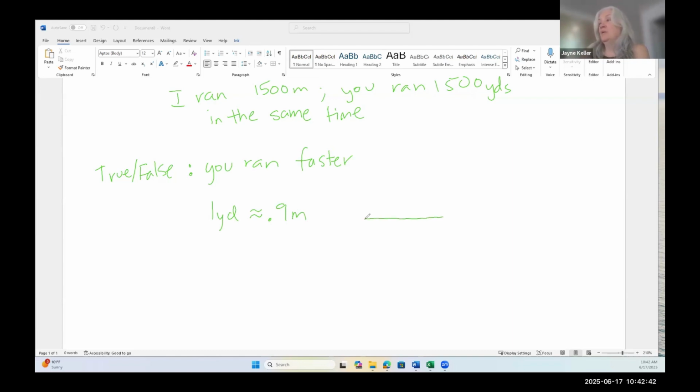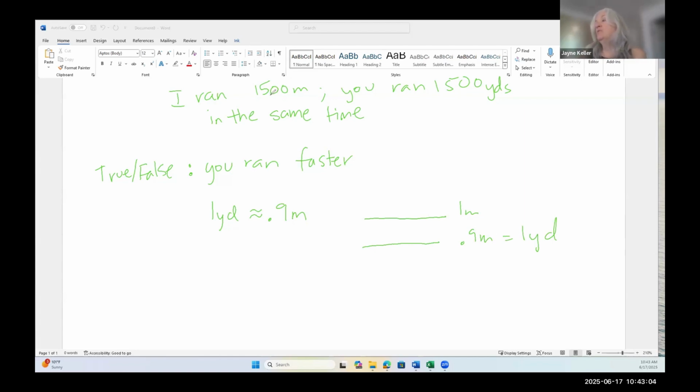If this is a meter, then this is 0.9 meters, which is 1 yard. So the person who ran the meter ran further than the person who ran the yard.